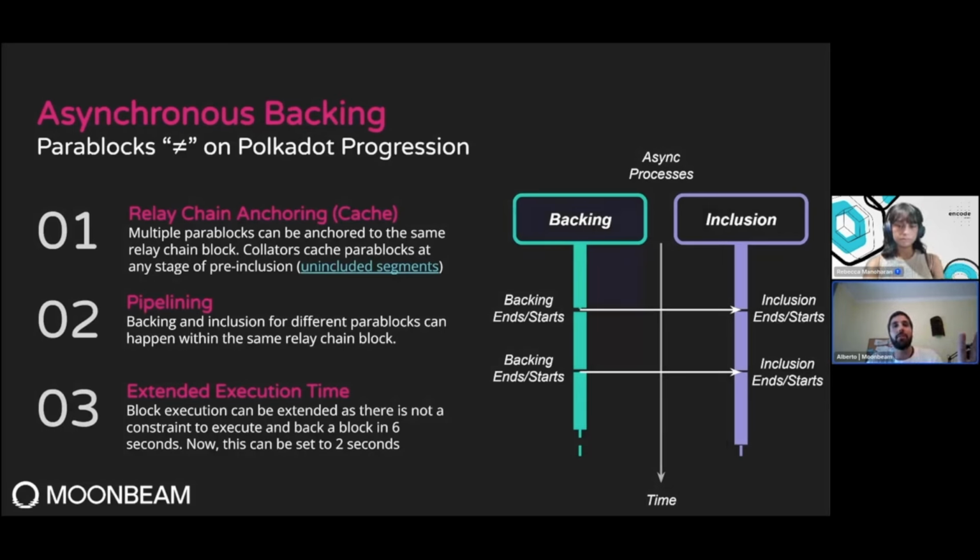Everything would need to be executed, right? So if a balance transfer would take 0.1 seconds, only 5 balance transfers could be included in that block, okay? Now, if we're able to extend the execution time to 2 seconds, which is what async backing allows you to do, now instead of 5, we can include 20, right? We have 4 times more execution time, more block capacity, okay?